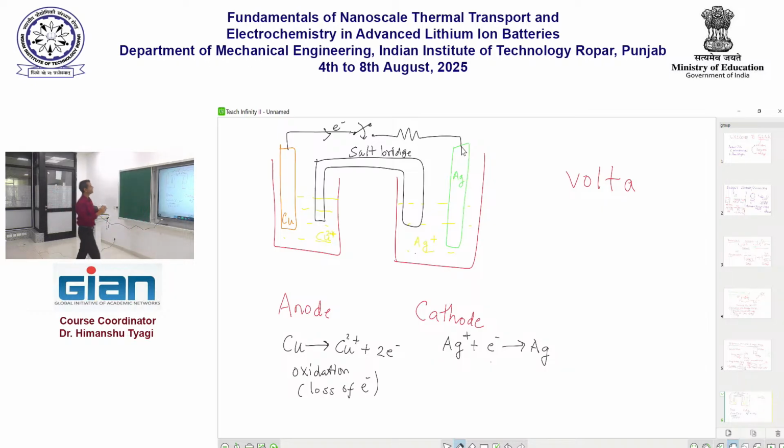So if there's a light bulb here, that bulb will light up as soon as I press this switch down, because on the anode side I will be producing electrons. These electrons are passing through to the cathode side where they are used up to produce silver, and during this process these electrons will pass through the bulb and the bulb will light up. This is a very simple example of a battery.